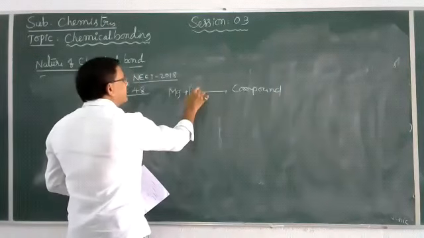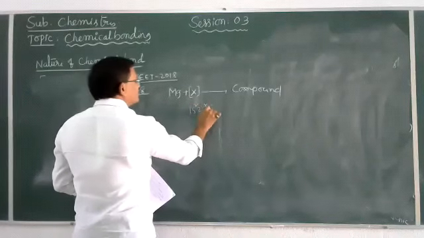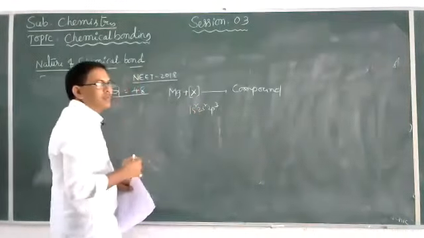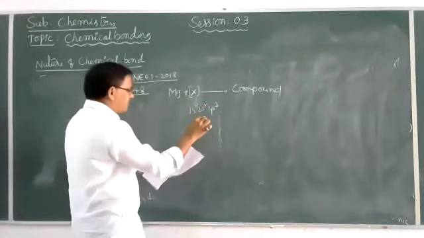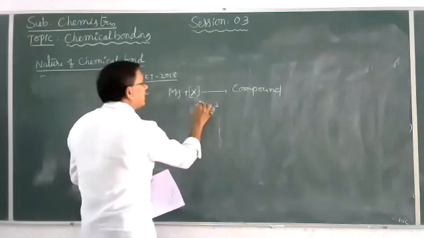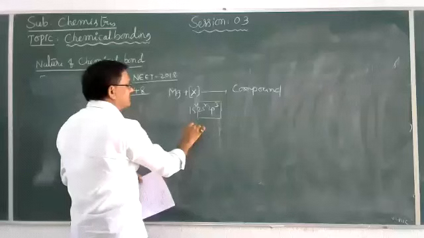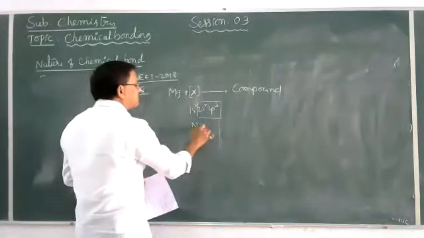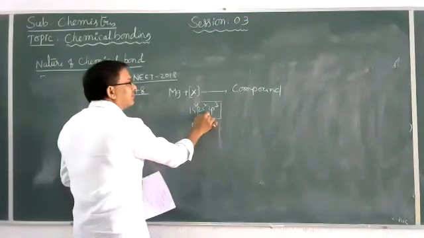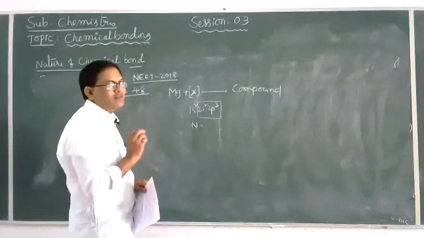Now in the ground state, the electronic configuration given is 1s2, 2s2, 2p3. By using this, it is the atomic number of nitrogen. This is N. So the nitrogen valency here: the number of valence electrons is 5, but the valency combining capacity is 3.